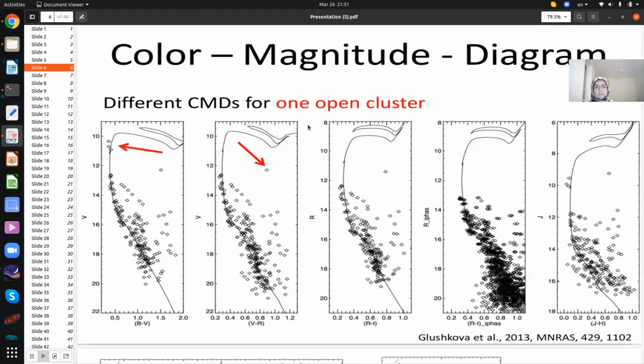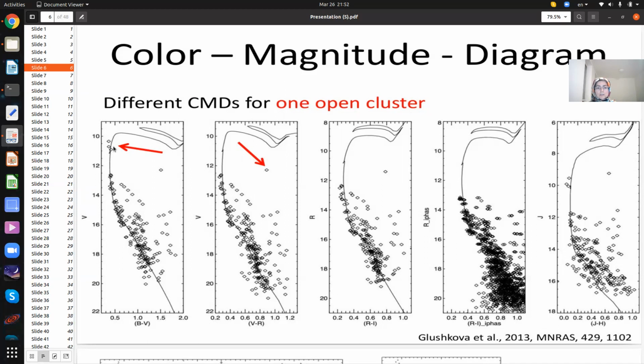Here you see different color magnitude diagrams for one open cluster, in different photometric systems. For example, these are related to Johnson photometry, and this is related to 2MASS photometry.